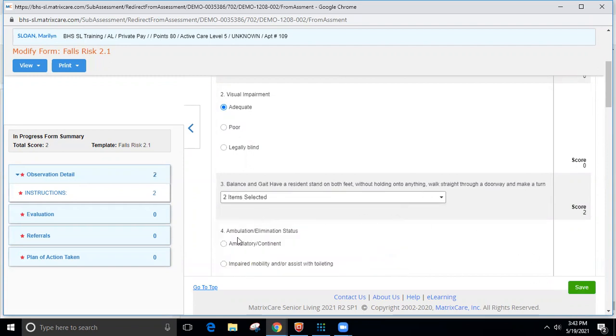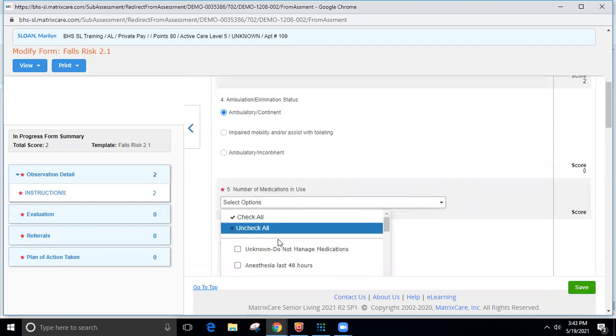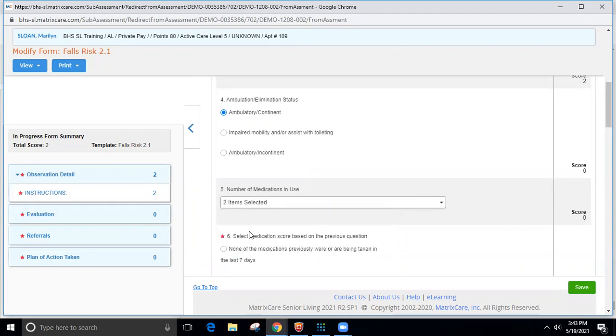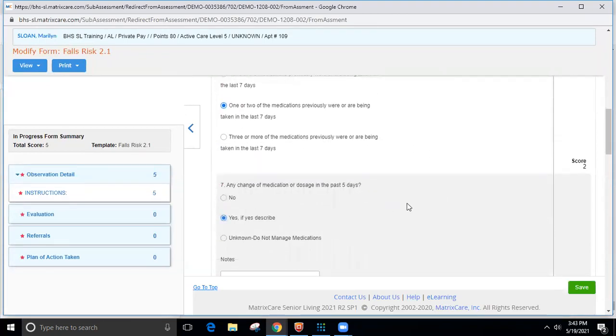And then the next question, ambulatory, it's your typical falls risk. And you have to kind of click off of it to see the question underneath it. So sometimes they kind of cover it up.